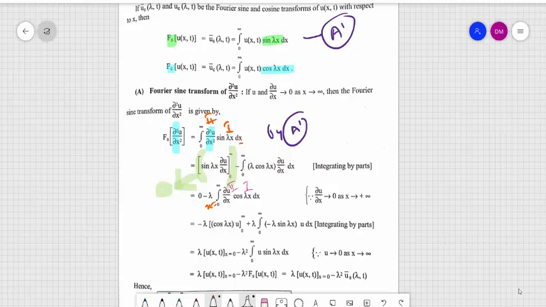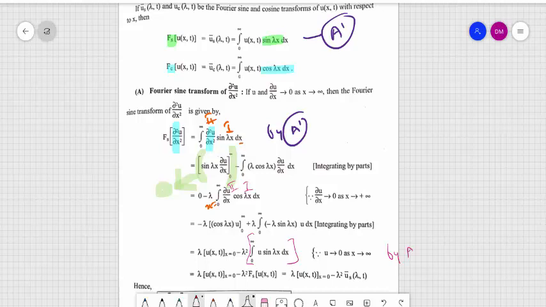And what about the second term? λ into minus λ will be minus λ², a constant, taking it outside. Just focus on these two and compare with the definition of the Fourier sine transform. What is this as per the definition?